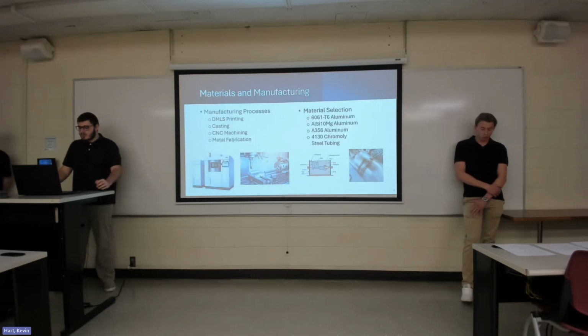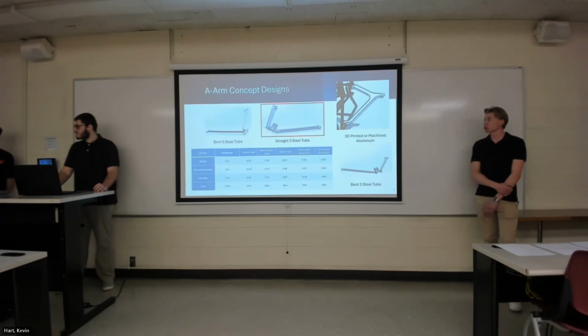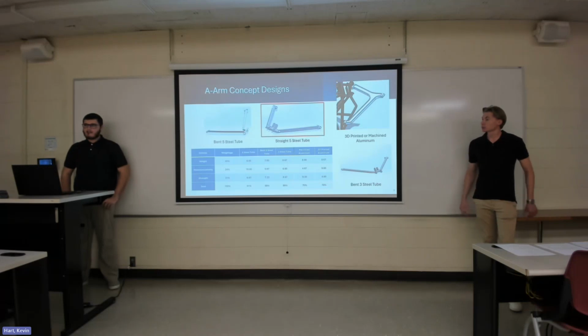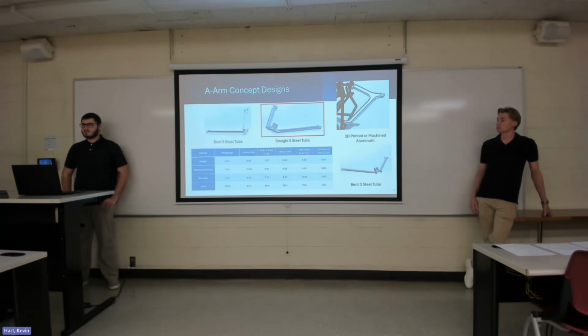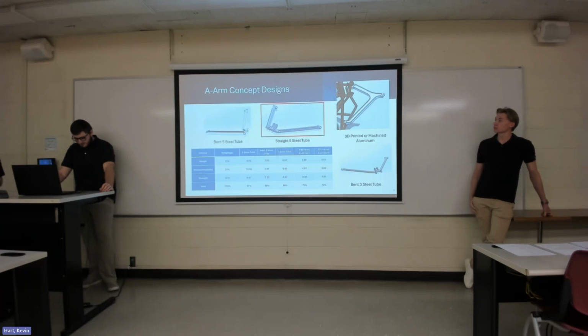With all that in mind, we went to work on modeling and ideation of different concepts. So we decided on the single upper control arm suspension system, which utilizes that single upper control arm. And we came up with a few different ideas for that, and we scored them based on 3 criteria: weight, manufacturability, and strength.